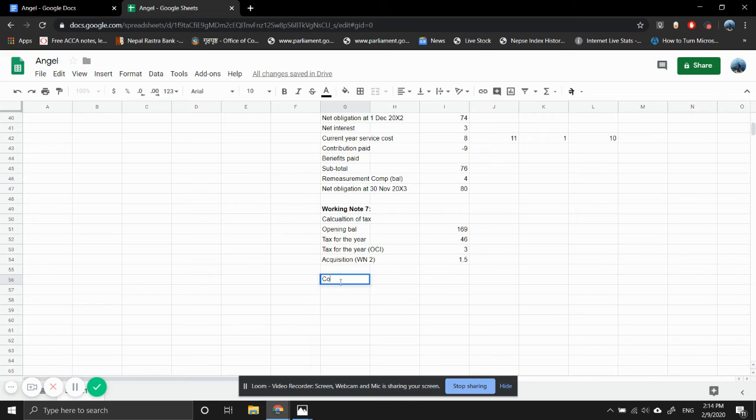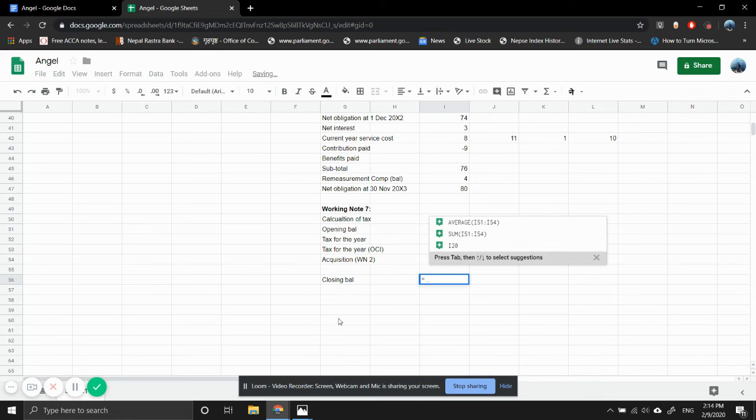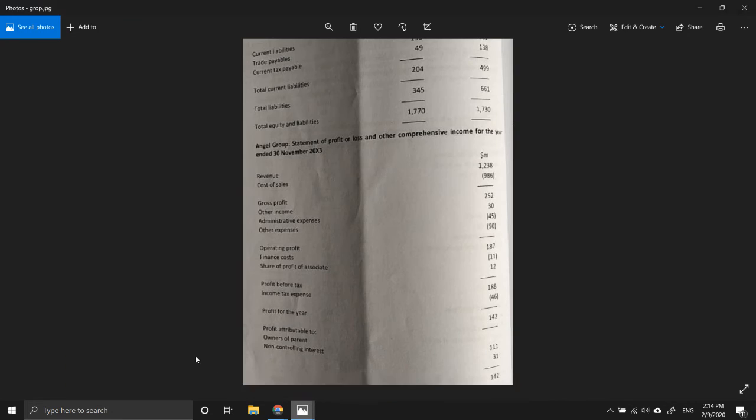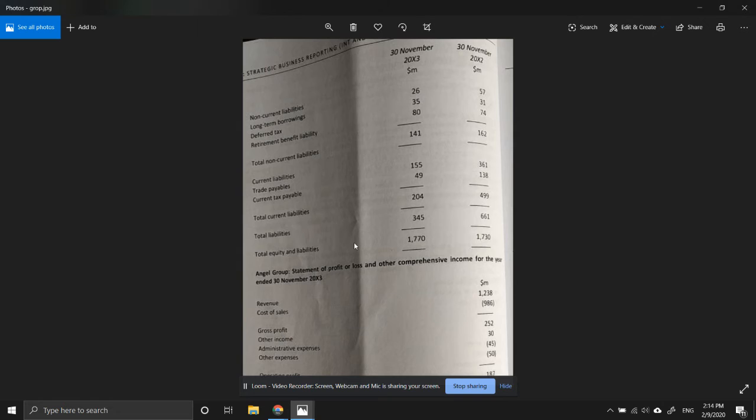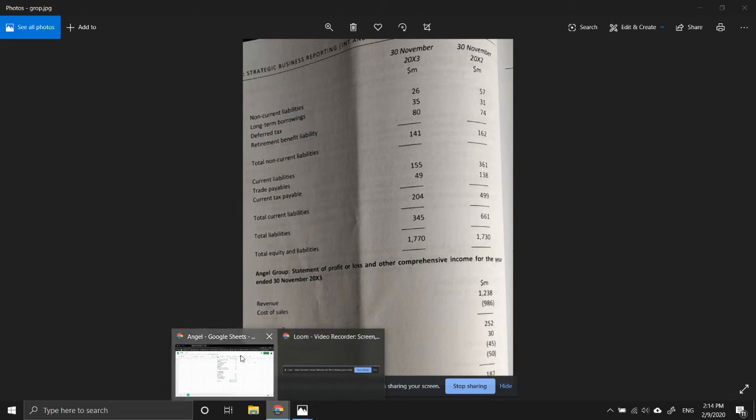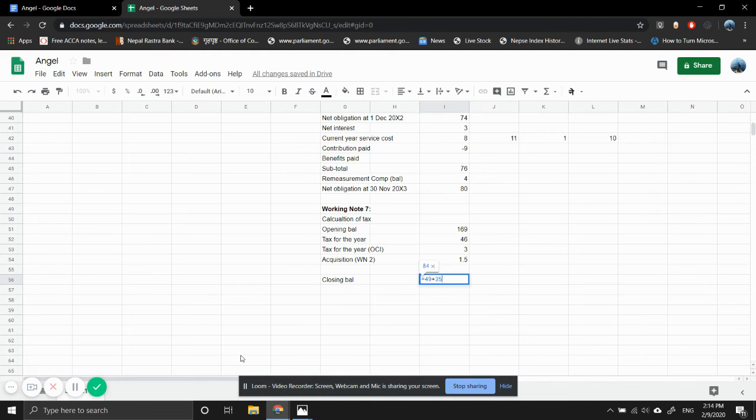Closing balances. Closing balance is which plus which, 49 and 35. 84, right? So what's the sum of all this? 19.5, right?